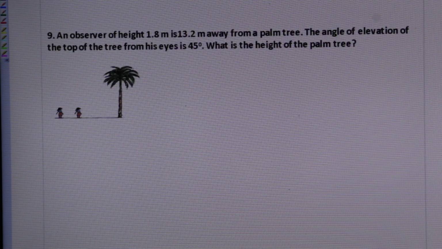An observer of height 1.8 meters. The height of the observer is 1.8 meters.